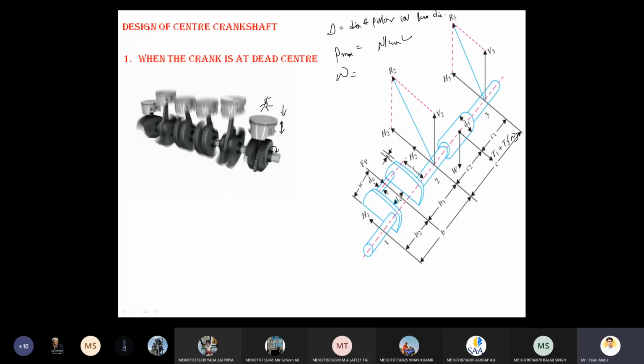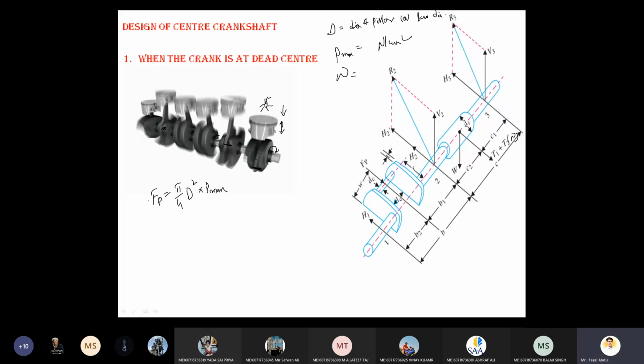Here is the crank pin. Whatever pressure force is generated at the crank pin is transmitted here. So how much pressure force is acting? Pi by 4 into D square into the maximum pressure.